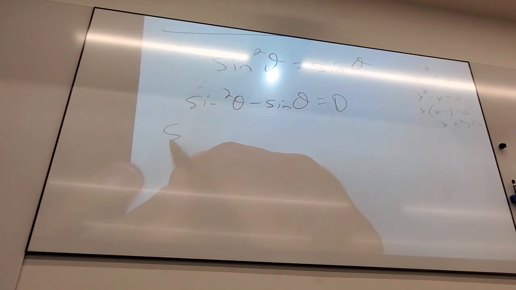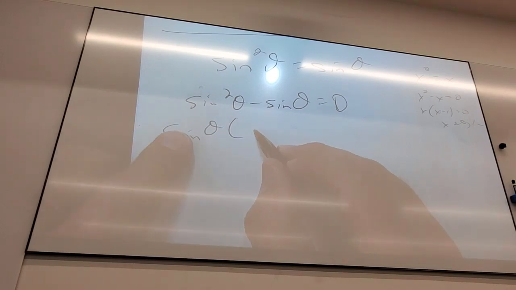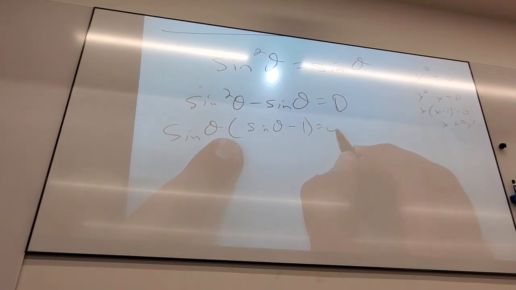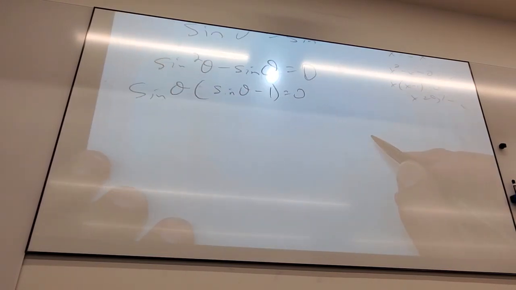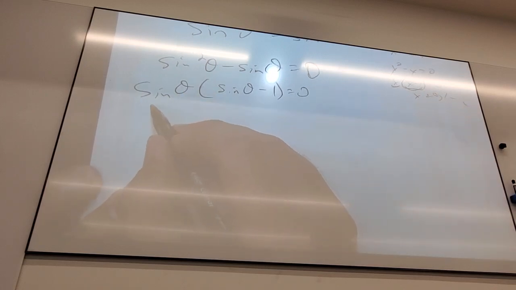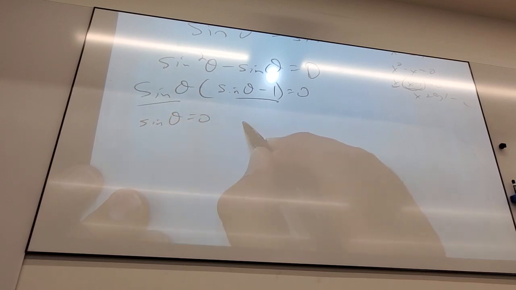And what's left? Sine minus 1. Good. Once I get a factor, either this is 0 or this is 0. So what are my two things to solve? Either sine theta equals 0, or sine theta minus 1 equals 0.